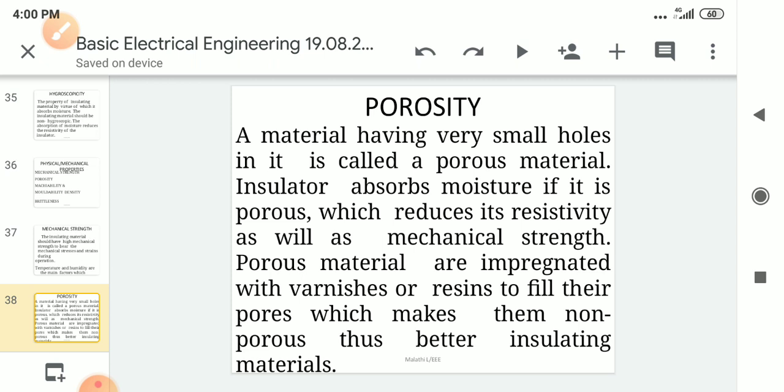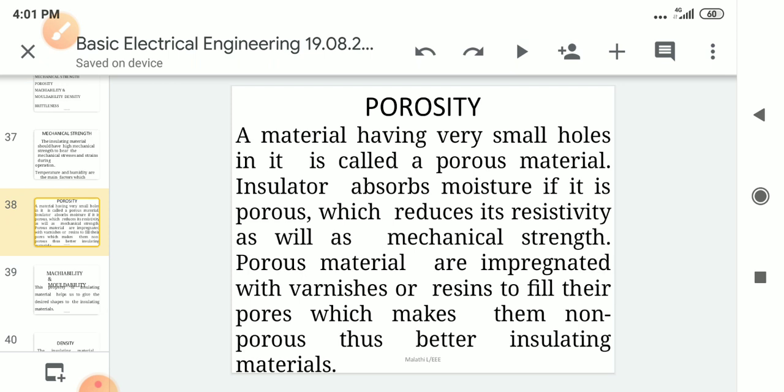Then it reduces its mechanical strength. The mechanical strength as well as insulation resistance are also reduced. That's why to maintain this, we have to apply some resins or paints or varnishes on the material for better insulating property, right?